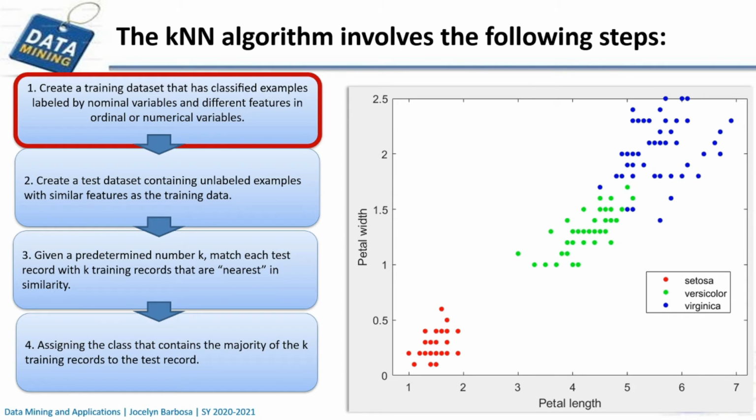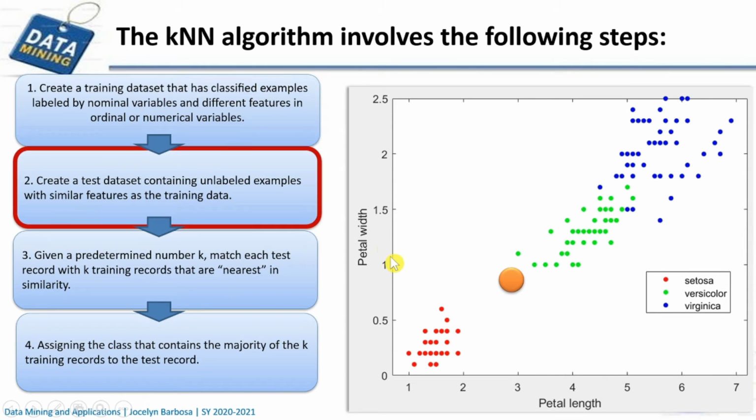In our previous slide we called it D, so the task now is to determine which category or class this new instance belongs to. The first step, for purposes of demonstration, is to create a training data set that has classified examples labeled by nominal variables or the different features in ordinal or numerical variables. We take a look at this example of the Fisher iris.